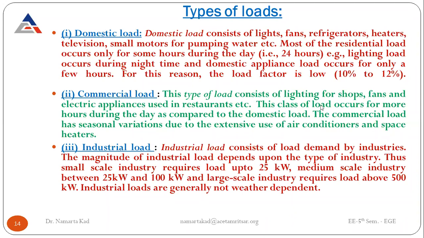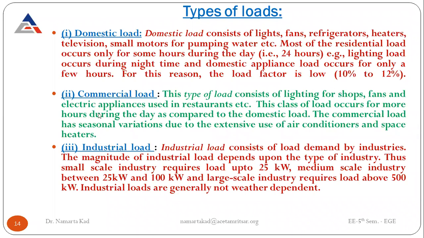This class of load occurs for more hours during the day as compared to the domestic load. The commercial load has seasonal variations due to the extensive use of air conditioners and space heaters.